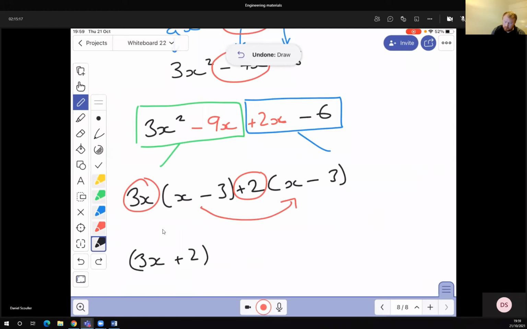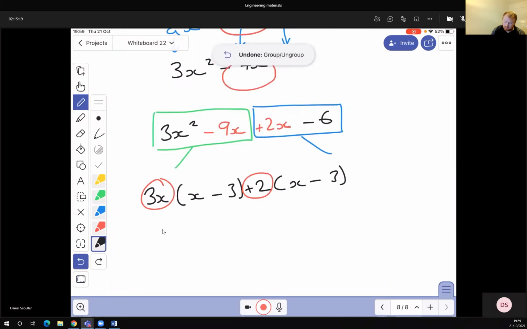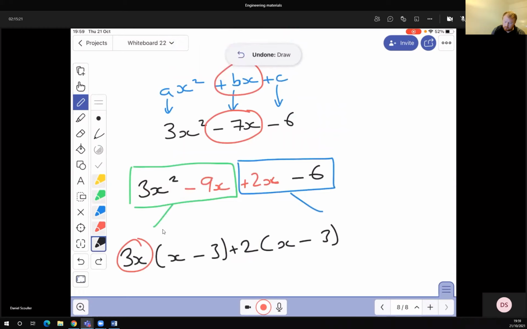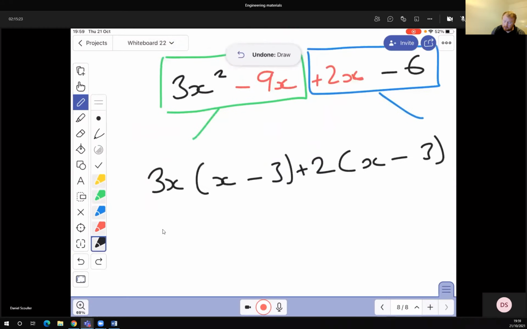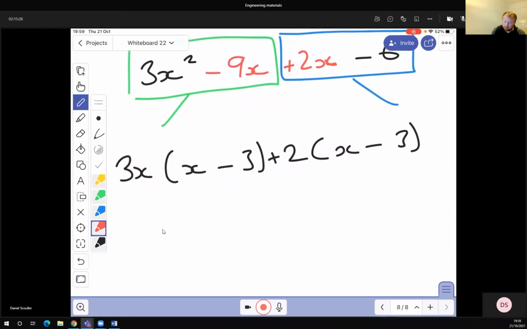So they've got this line here, and you're collecting like terms. Essentially you're collecting x minus 3 terms. That term and that term are the same, so you can add them together and it gives you that.